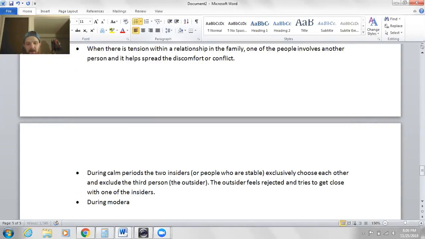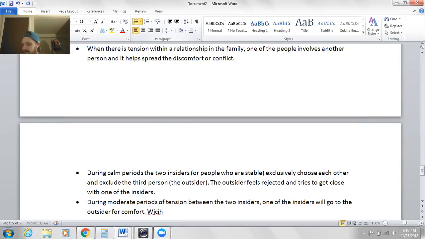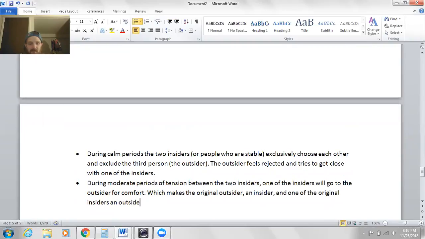So during moderate periods of tension between the two insiders, one of the insiders will go to the outsider for comfort, which makes the original outsider an insider, and one of the original insiders an outsider.